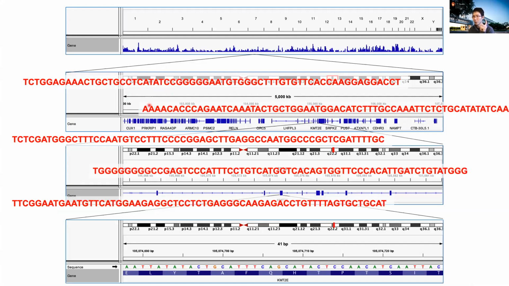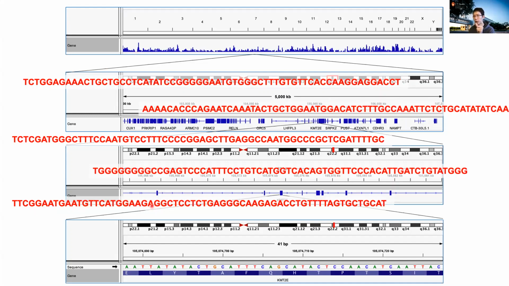So you obtain 20 to 30 million of those small fragments, small reads, small DNA sequences. We don't know where those sequences come from, and there's no way we can count before we do alignment. So the key computational idea here is to align those sequences back to the genome or back to the gene, to identify where those sequences come from.